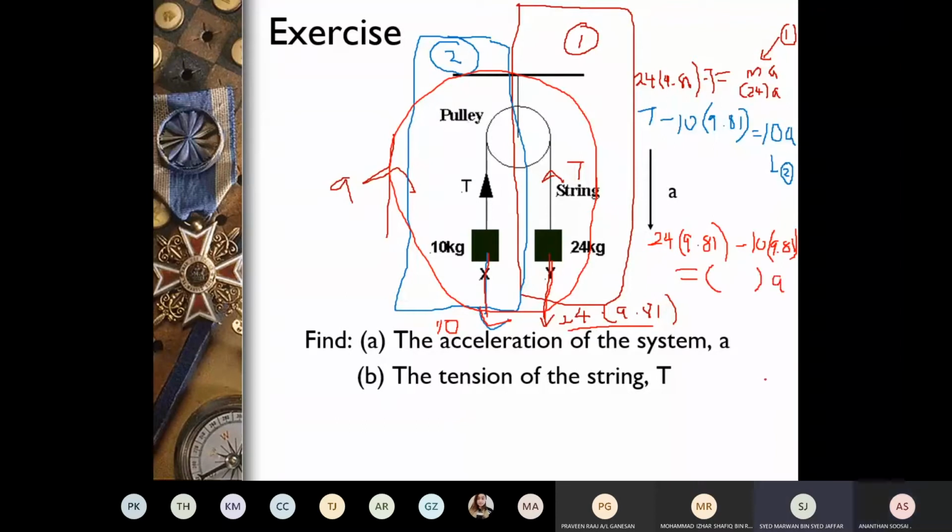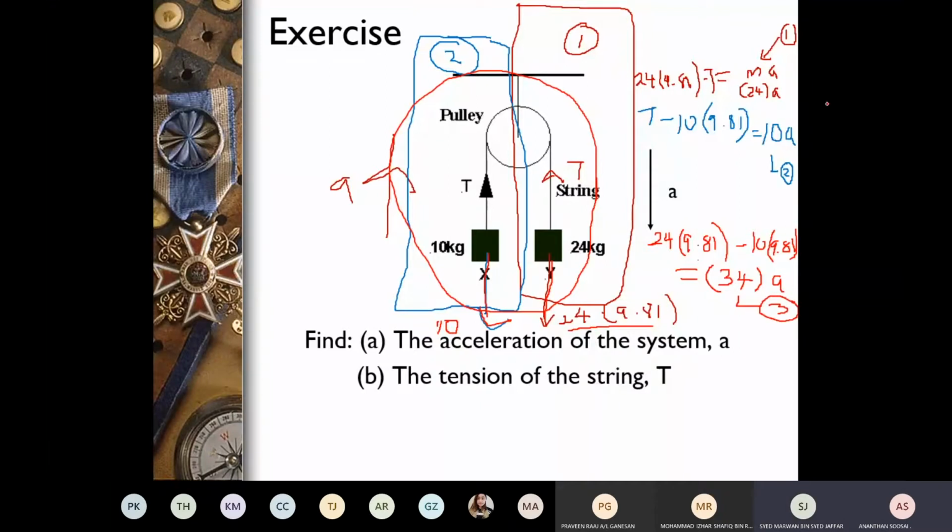Which m do you use? Because you are considering the entire system, we consider the entire mass. The net force here, the weight of the 24 minus the weight of the 10, is actually pulling the entire mass. So it's going to be how much? 34. 24 plus 10, 34. This is the third equation.